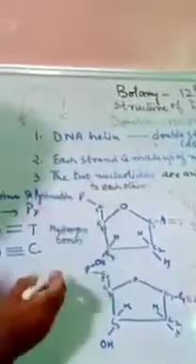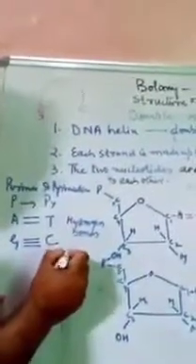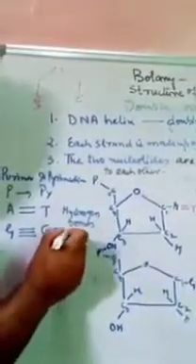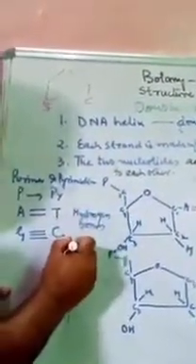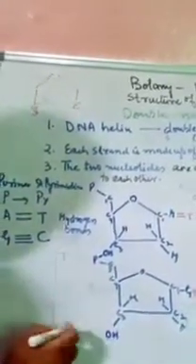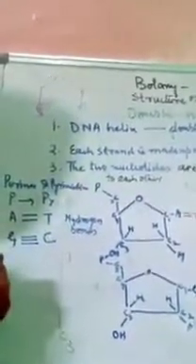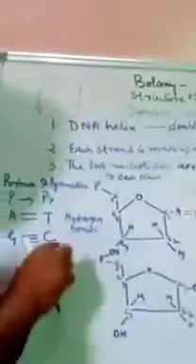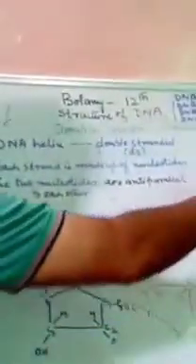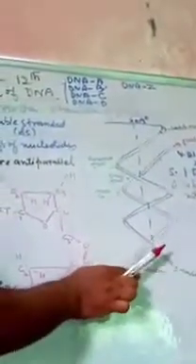Now if I draw the line like this, in this strand the upper carbon 5 is free, and this carbon 3 is free. That is the single strand. What I have written here in red is the fifth carbon which is free, and the other end of it is the third carbon which is free.